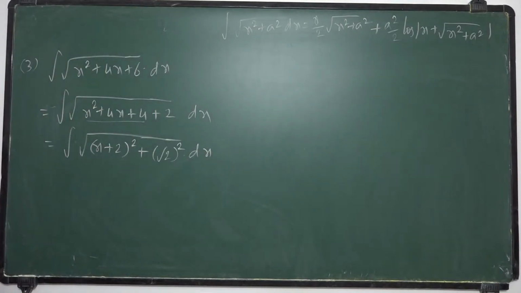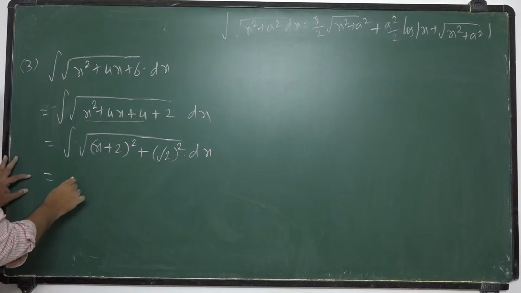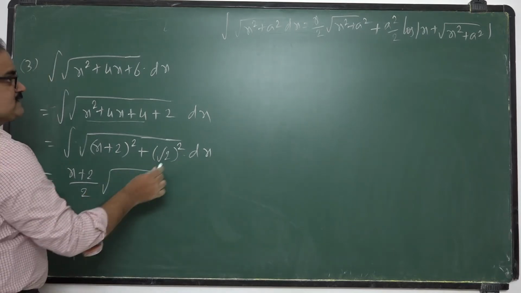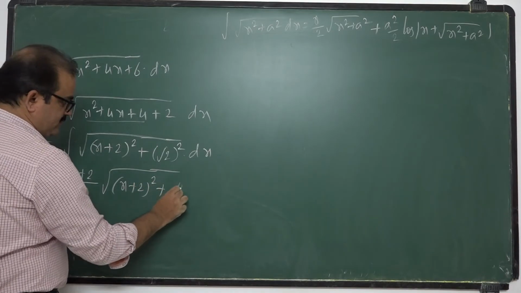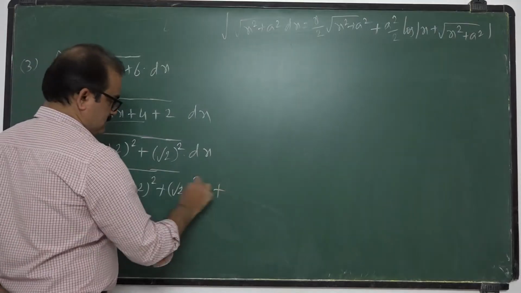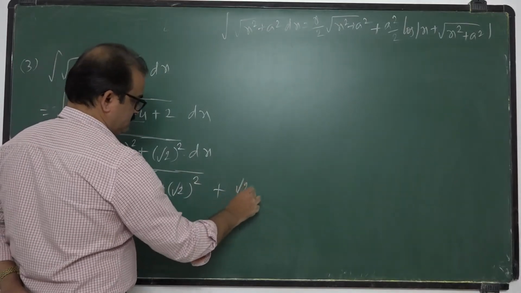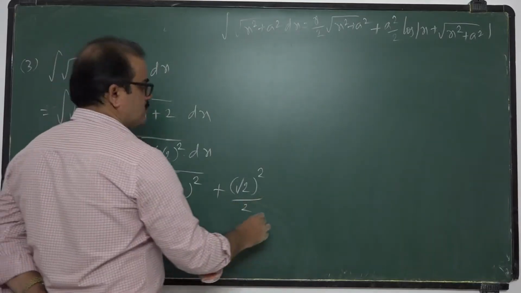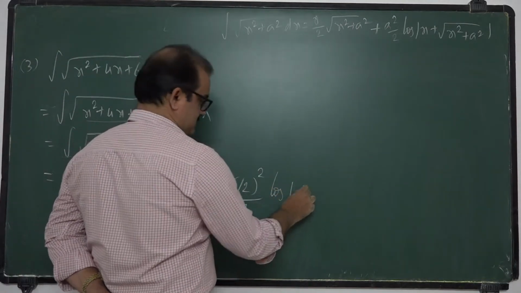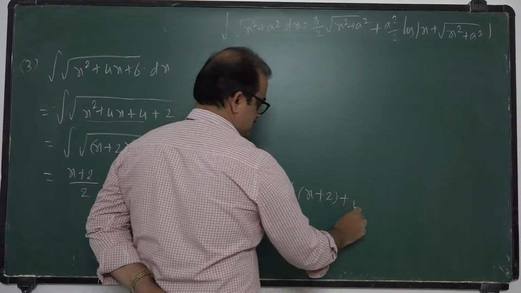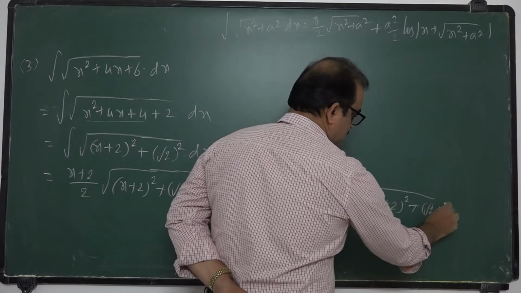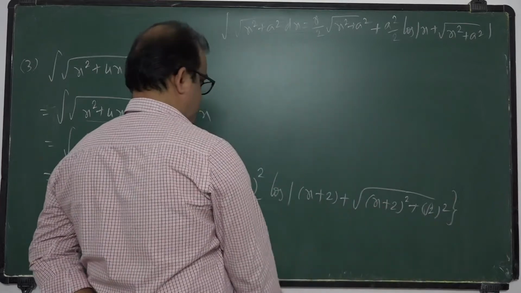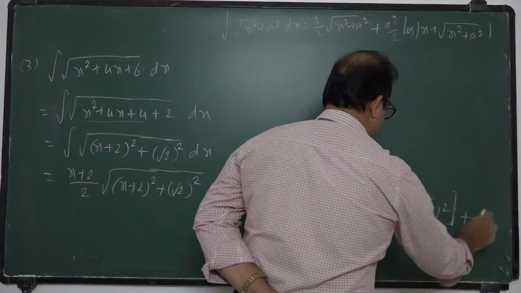From that formula, it is x plus 2 by 2 into root of x square plus a square, plus a square by 2 into log mod x plus, what is x? x plus 2 plus root of x plus 2 whole square plus root 2 whole square, plus c.